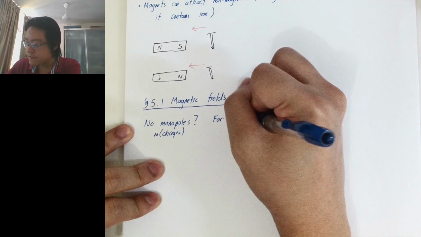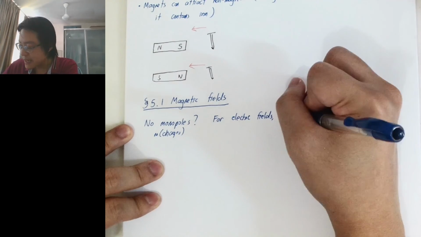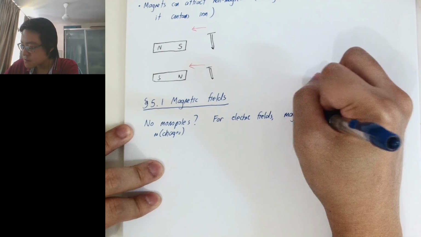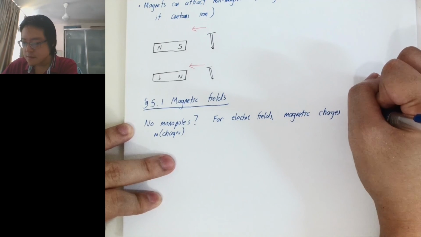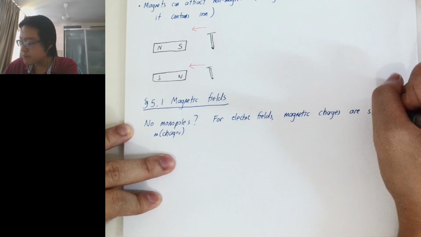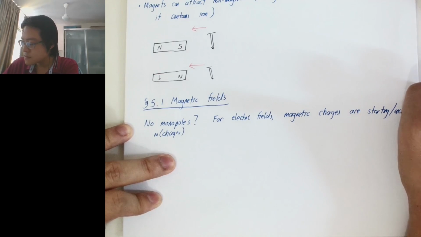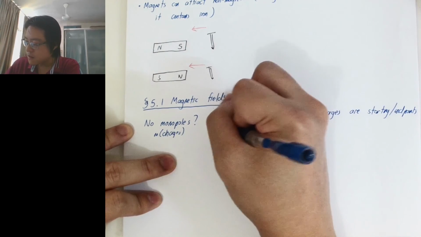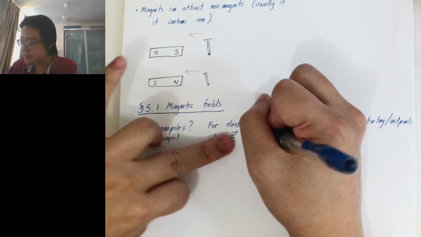For electric fields, the charges are the starting and end points of electric field lines.